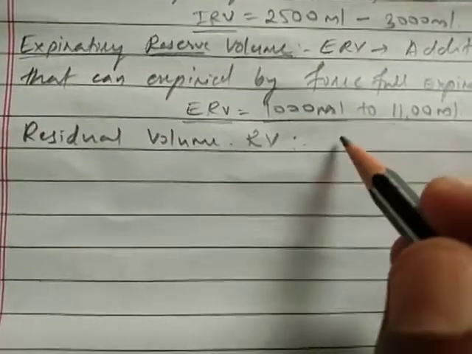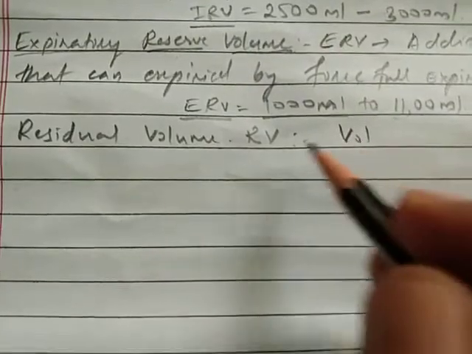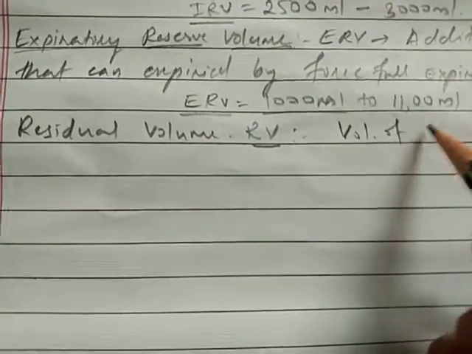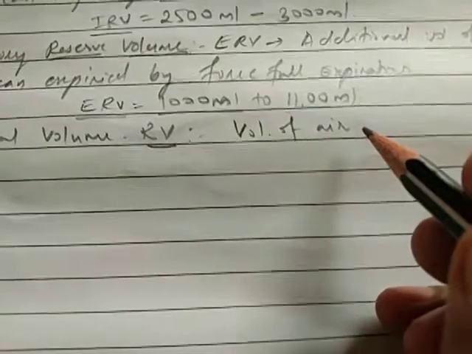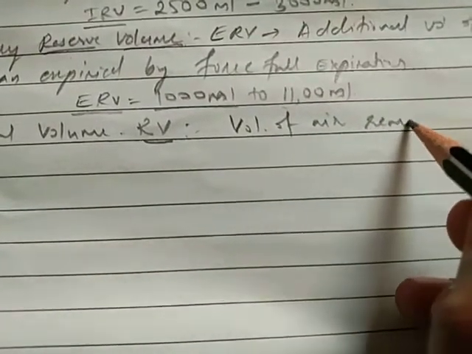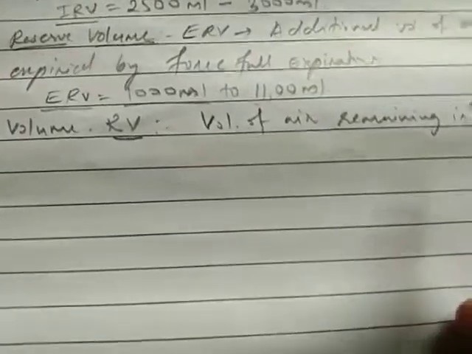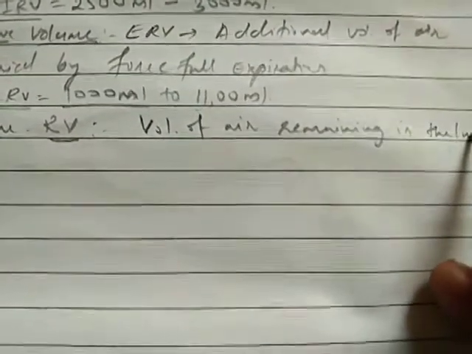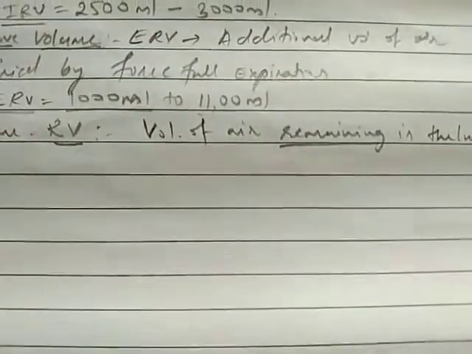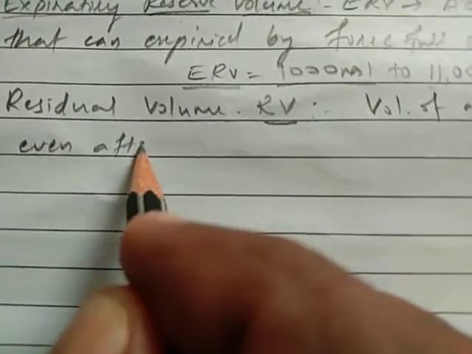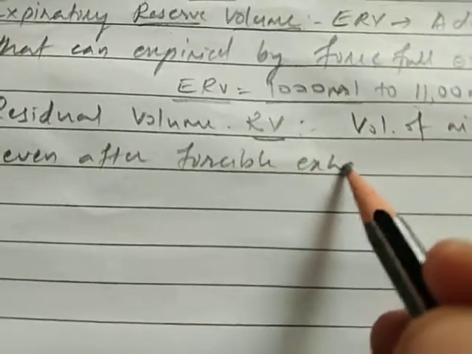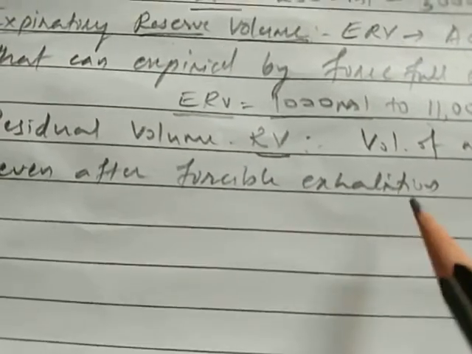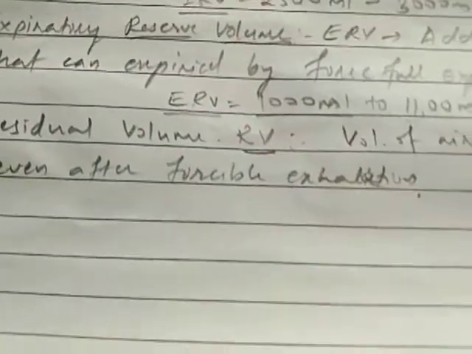So the meaning of this residual volume, that is RV, is the volume of air remaining in the lungs even after forcible exhalation or expiration, right?